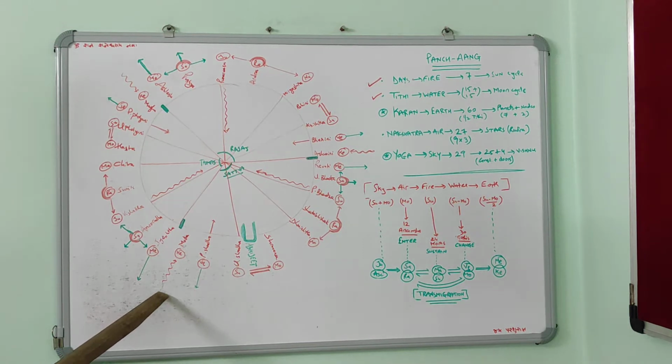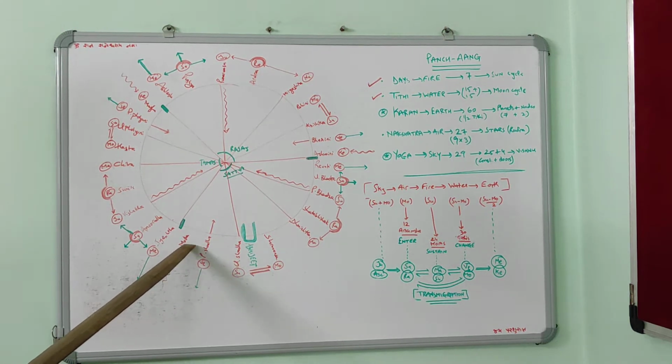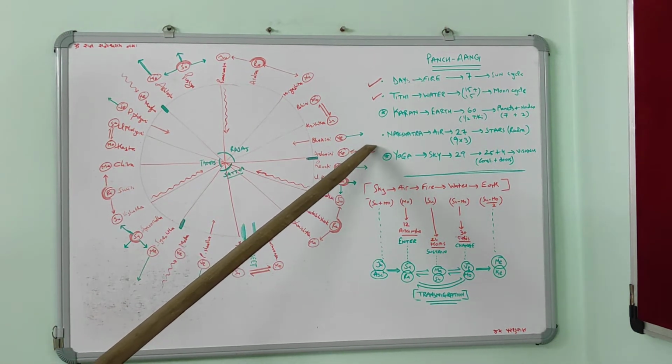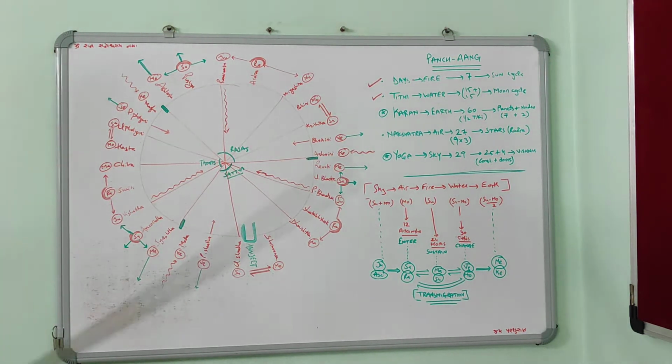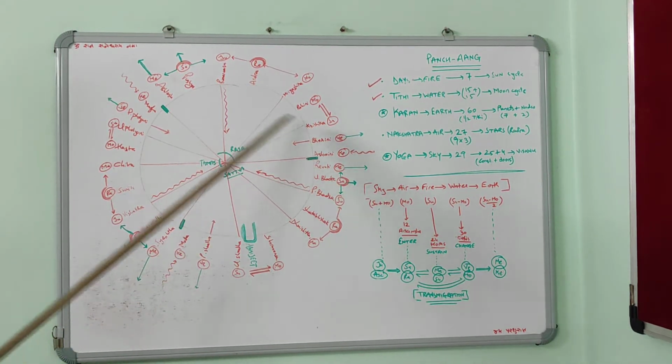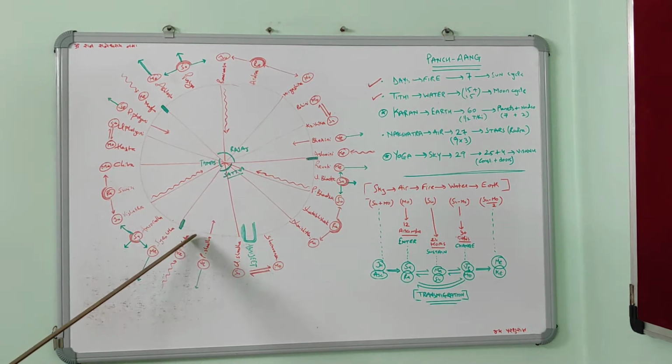So your soul enters this world either from Mula Nakshatra, Ashwini Nakshatra, or Magha Nakshatra. Now, how to know that you are born on this nakshatra for the first time on this earth?